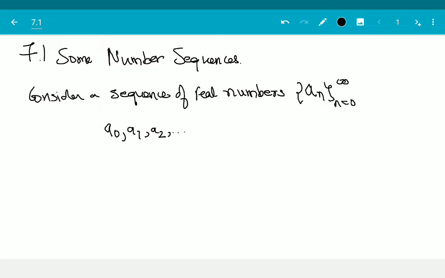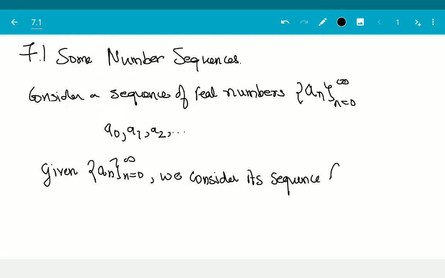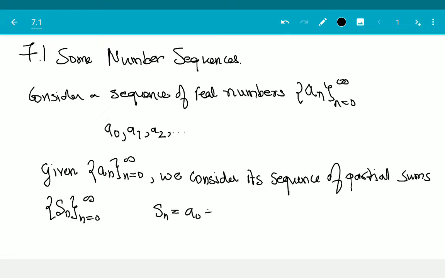And related to this sequence is another important sequence, which is the sequence of partial sums of a_n. Given a_n, n equals 0 to infinity, we consider its sequence of partial sums, which by convention is denoted S_n, n equals 0 to infinity, where S_n is equal to a0 plus a1 plus a2 plus all the way up to a_n.